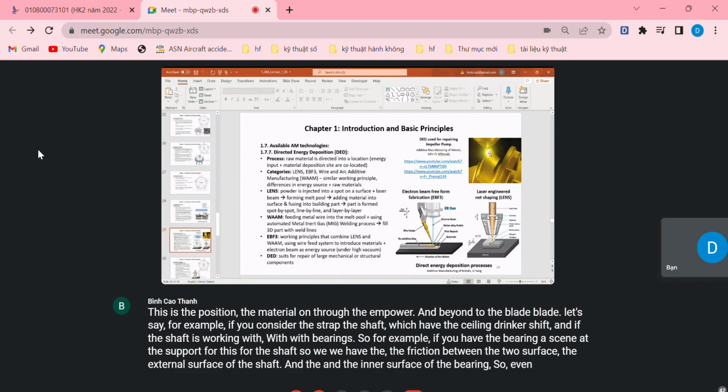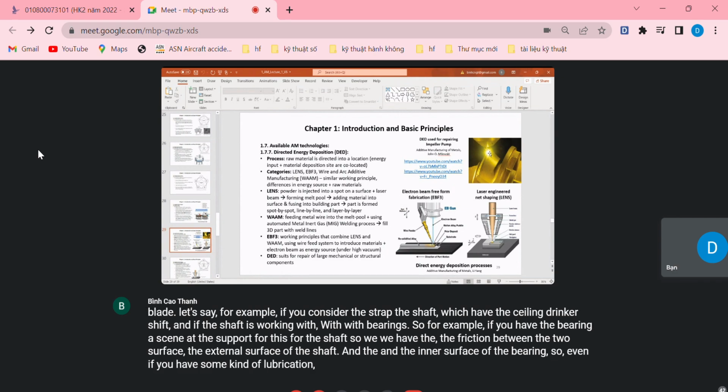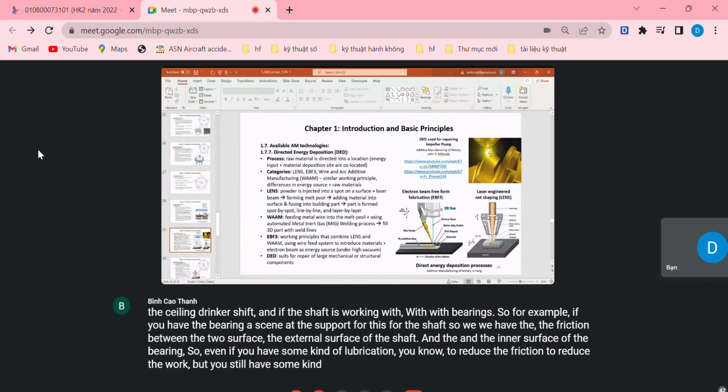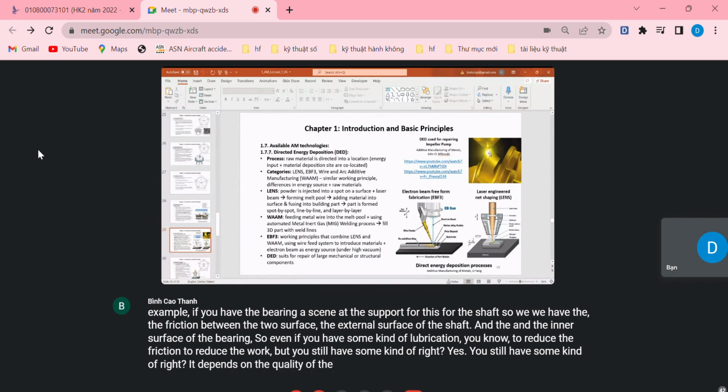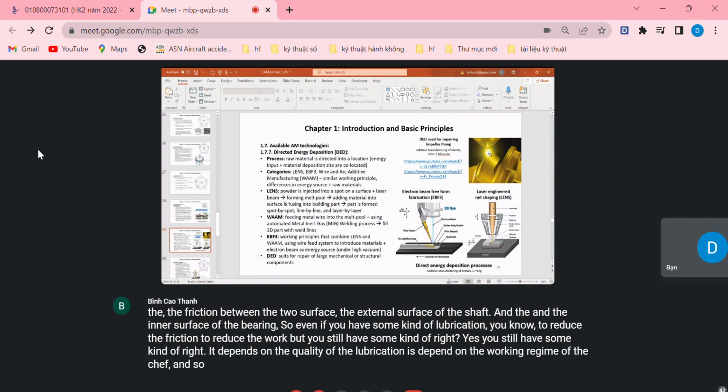Even if you have some kind of lubrication to reduce the friction and the wear, you still have some kind of wear. It depends on the quality of the lubrication, on the working regime of the shaft, and so on. But generally speaking, we still have wear.